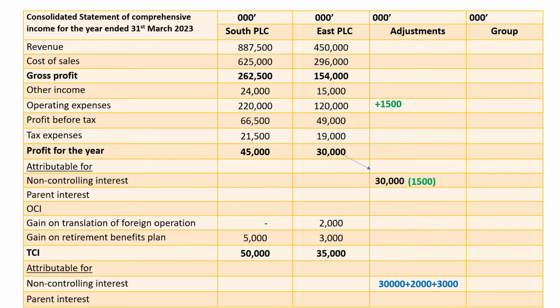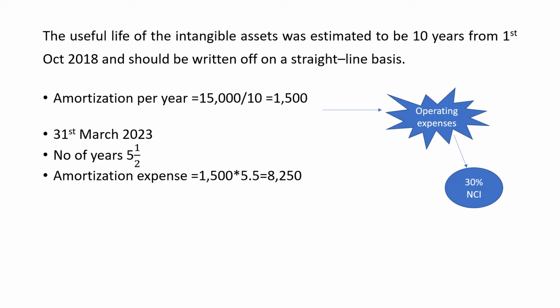Or other than that, we can get the total comprehensive income of East PLC, which is 35,000. From that, we can deduct this amortization 1,500. This amortization has occurred after the acquisition.